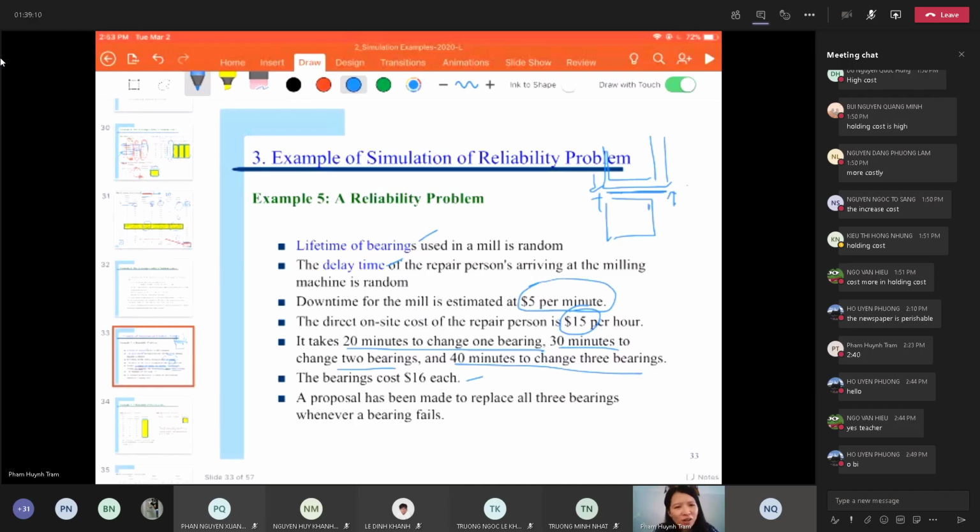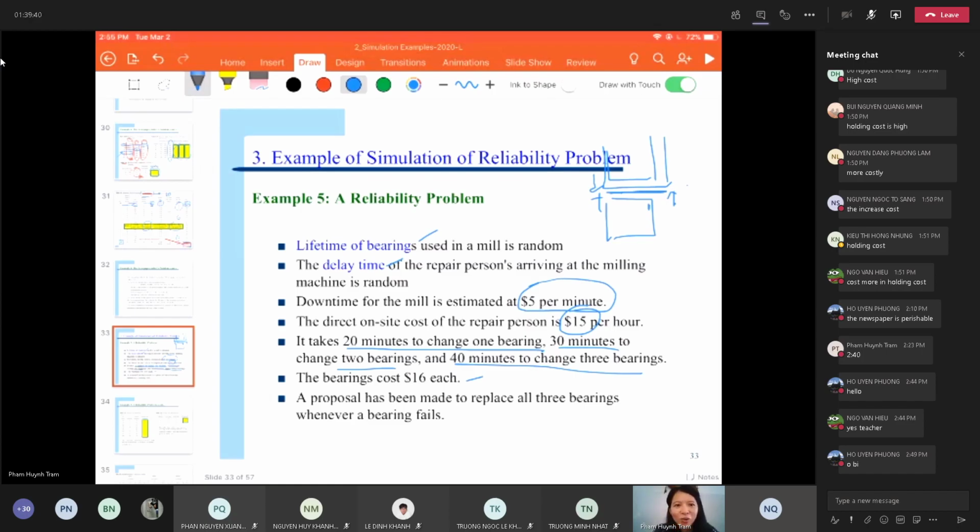Whether this proposal is good or not depends a lot on the lifetime of the bearing because it's random. The engineer expects that they are more or less the same, and replacing all 3 at the same time is better. So we can test that proposal by simulation.